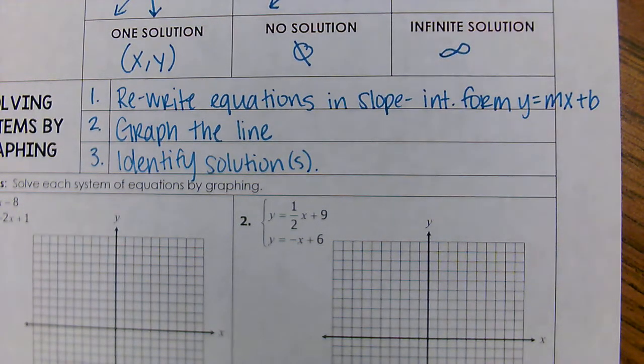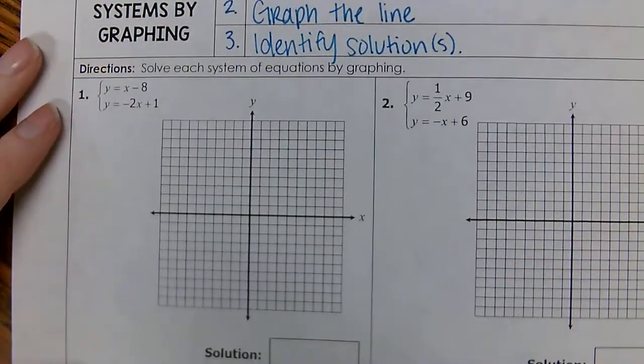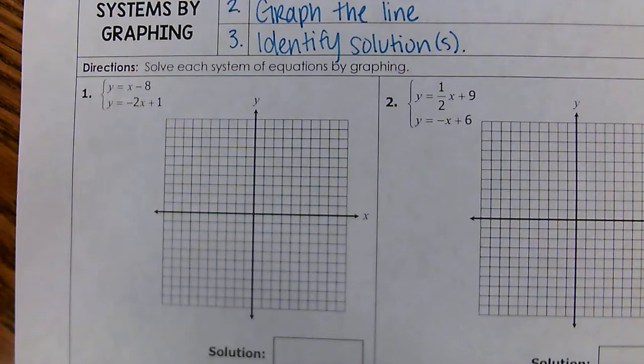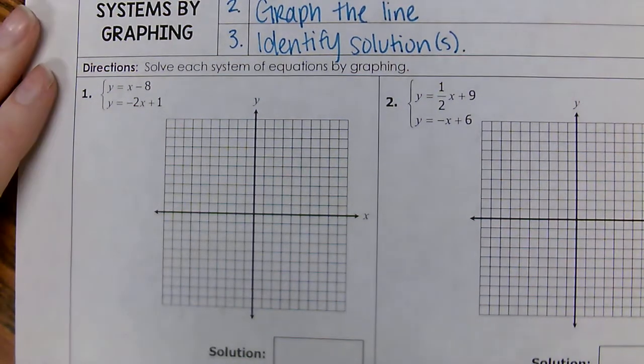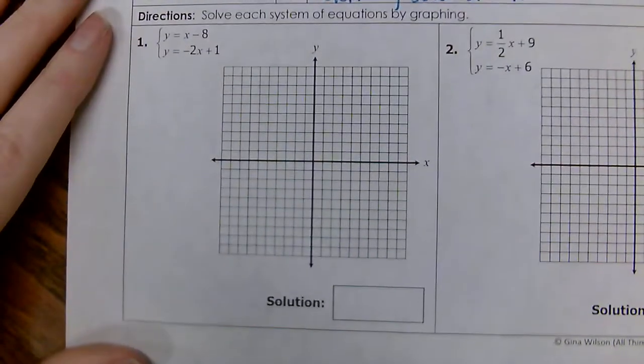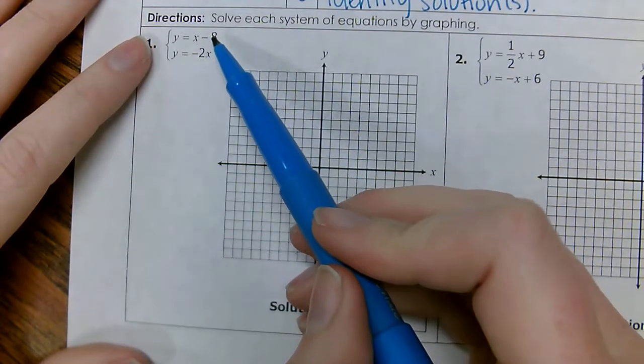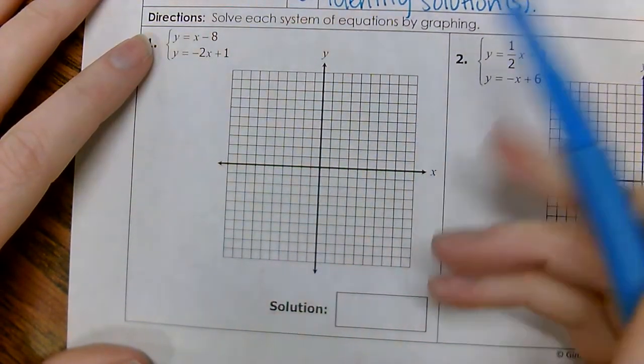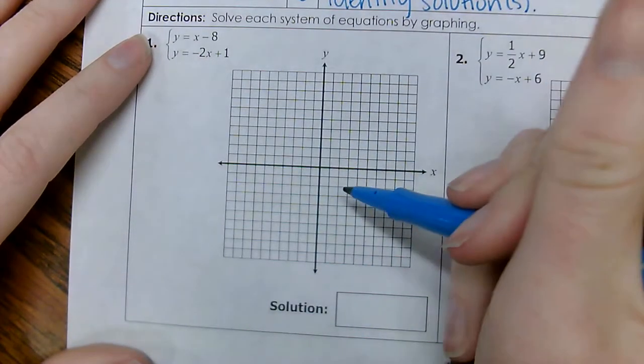Alright, so let's start graphing. Looking at problem 1, they're already both in slope-intercept form, so that makes my life easier, and so I can just graph it. So starting with the first line, y equals x minus 8. Well, my y-intercept is negative 8.